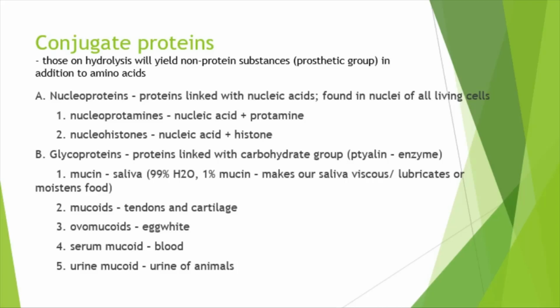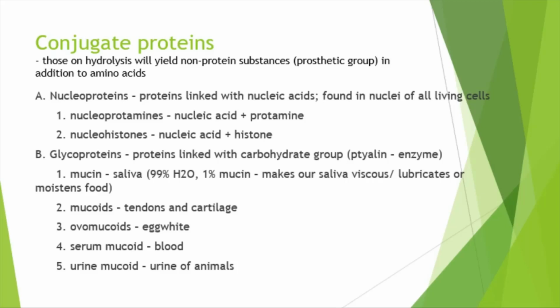We also have your glycoproteins. The word glyco implies the prosthetic group is carbohydrate, so these are proteins linked with carbohydrates. The enzyme present during hydrolysis is ptyalin, or salivary amylase. An example of this is mucin, which is present in your saliva.